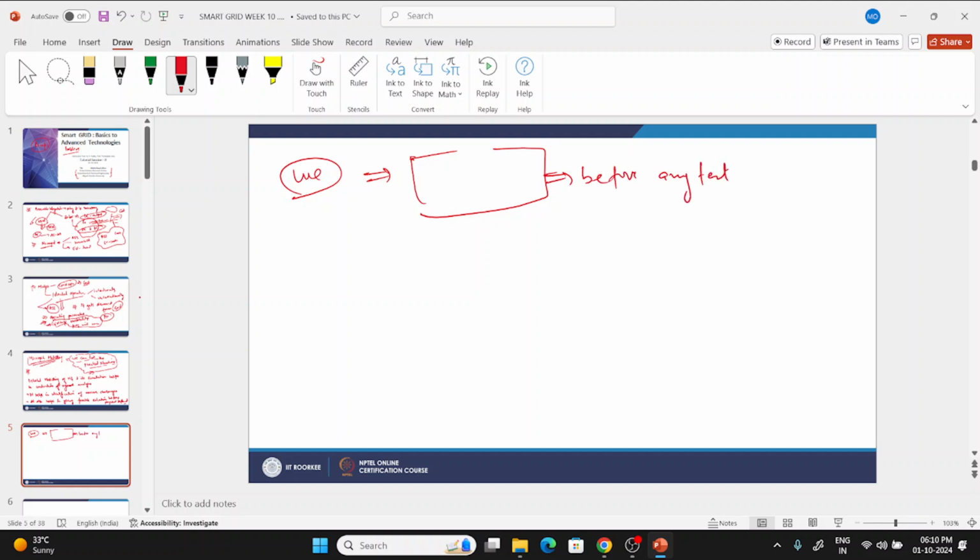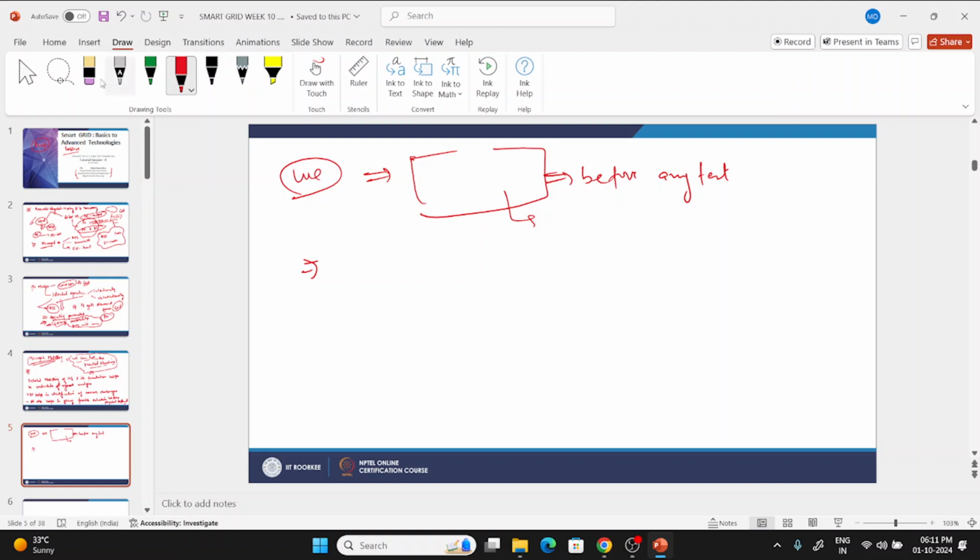We don't test any of those things and just directly implement it in the real world situation. So it will create another set of problems which we do not know beforehand. So that's why, before the physical implementation, the modeling and simulation work should be done.